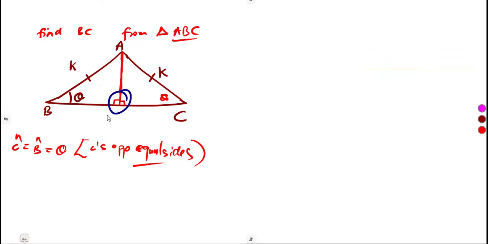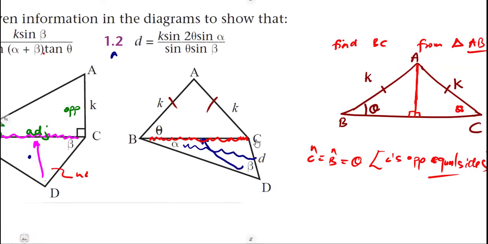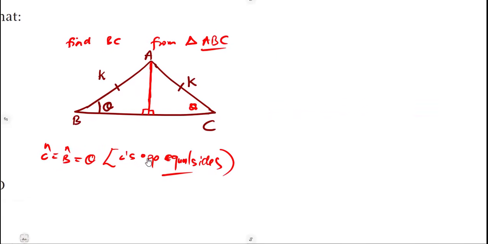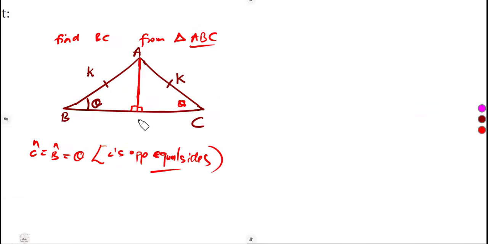So I can consider that. Let's just use any other letter which is not on our diagram. We've got A, B, C, D. So let's say we just call this point E, which is at the perpendicular to the ground here. It follows that you can use one of these two triangles.